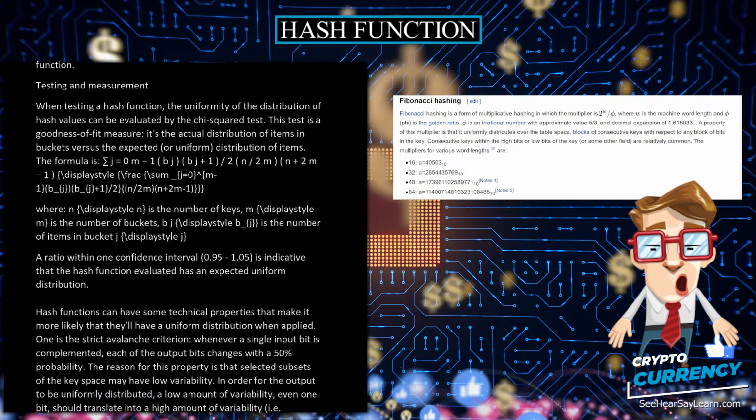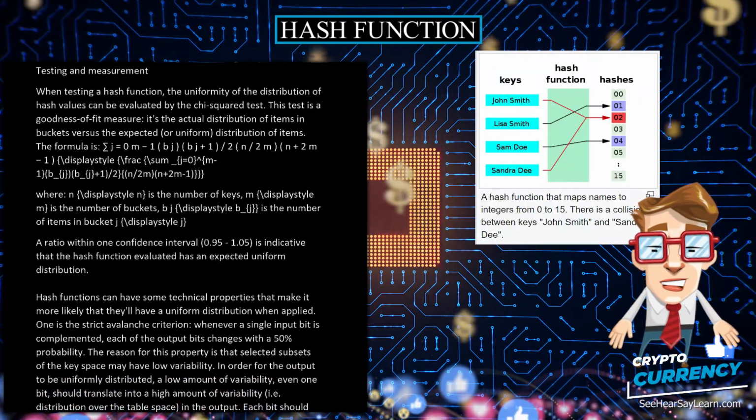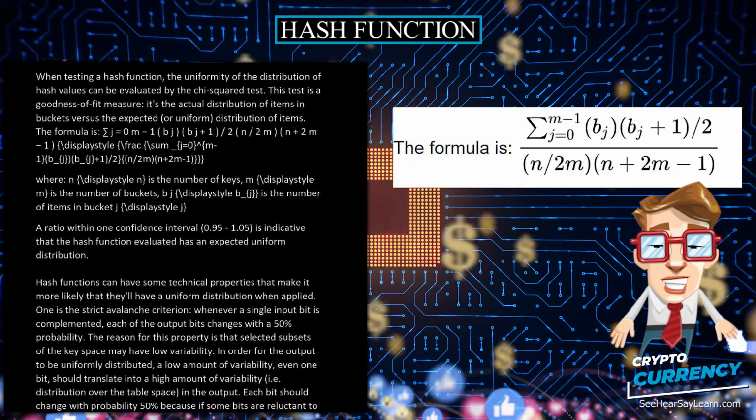A ratio within one confidence interval, 0.95 to 1.05, is indicative that the hash function evaluated has an expected uniform distribution.